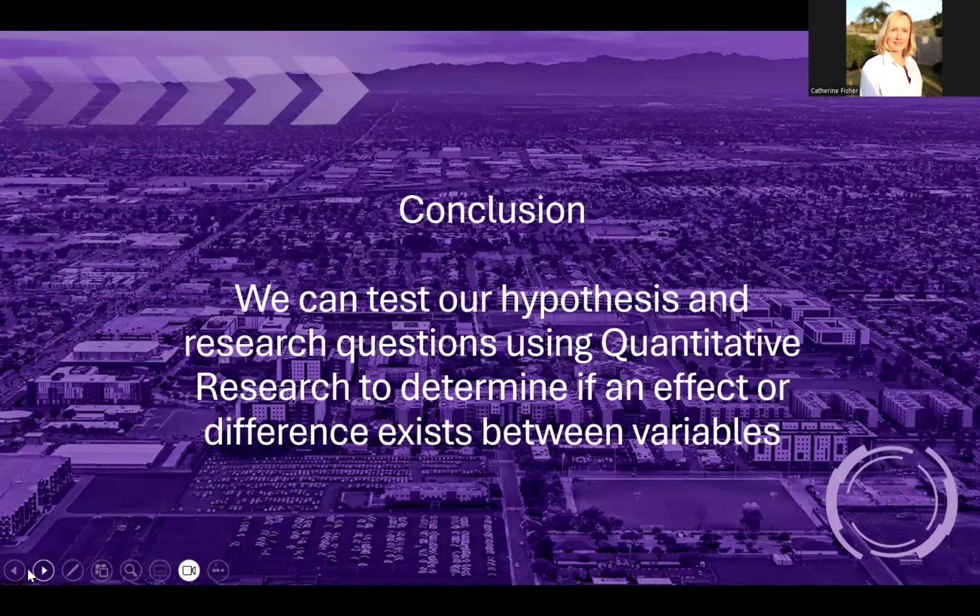Conclusion: we can test our hypothesis and learn from research questions using quantitative research design, quantitative research methods, to determine if there is an effective intervention, if a difference does exist between variables, to predict risk factors or successful factors, and help us develop our own social work knowledge base, evidence-based research that informs effective practice.